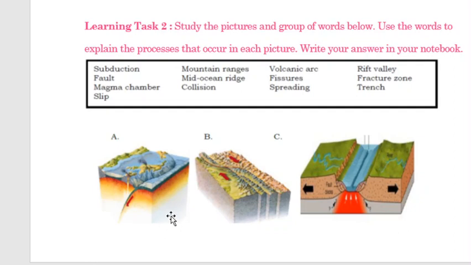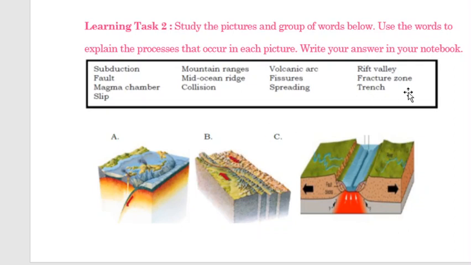Again, in this picture, we have two oceanic plates that are converging. In my discussion, you should be able to pick from these words to explain the processes that occur in this picture. Picture B is actually a picture of a transform plate boundary.